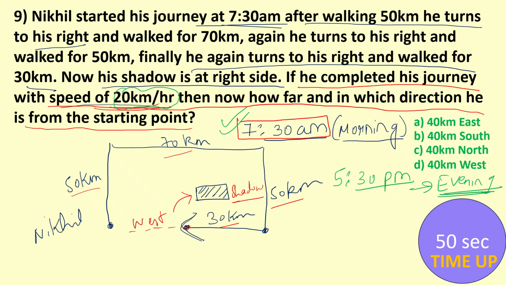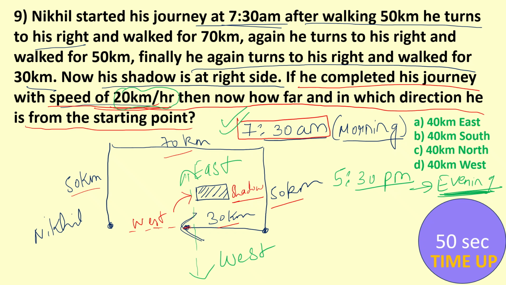Now you need to focus on this. Now in the evening time, where the shadow falls in the east, correct? If this is the shadow, then this is east, correct? So opposite of that will be what? West.